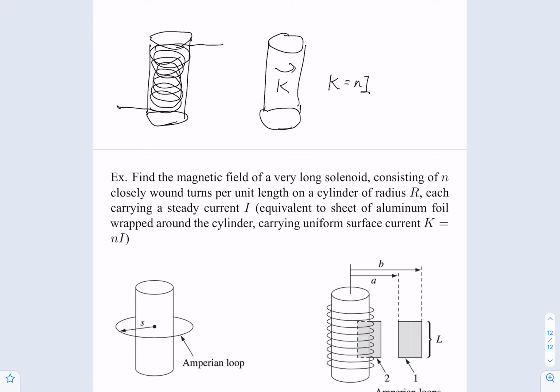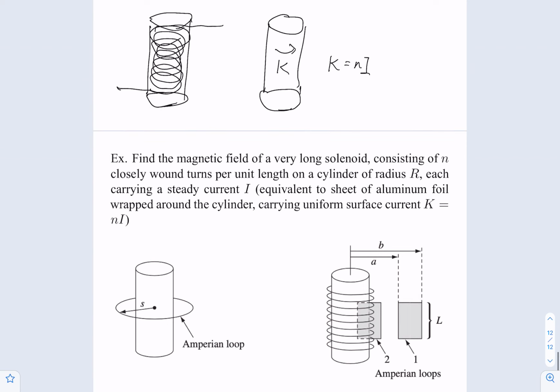So for this problem, again, what we need to figure out is the direction of this magnetic field. First, there should be no radial direction of this B field.